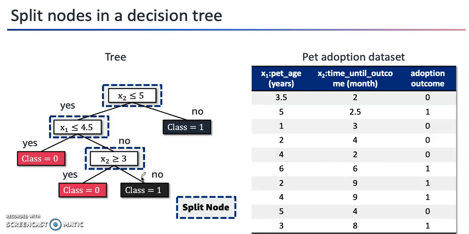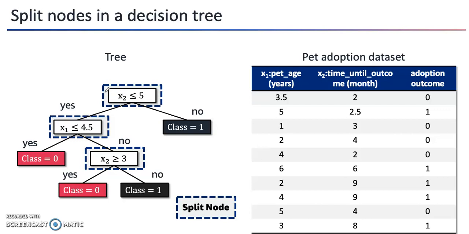Some of the other nodes are going to be considered split nodes. Those are nodes in which one would split the data points into some branches. In the literature, split nodes are also called decision nodes, internal nodes, or sometimes parent nodes.